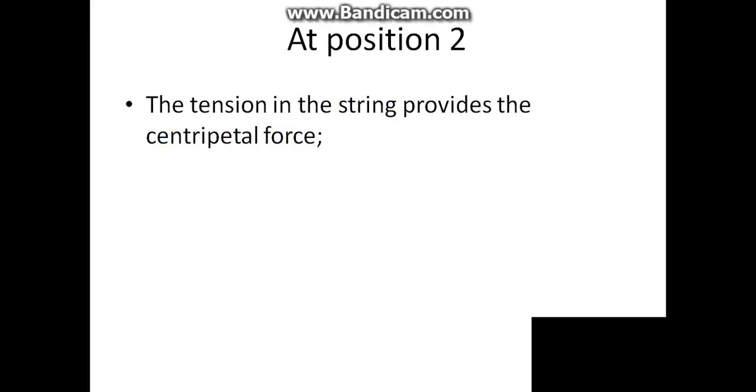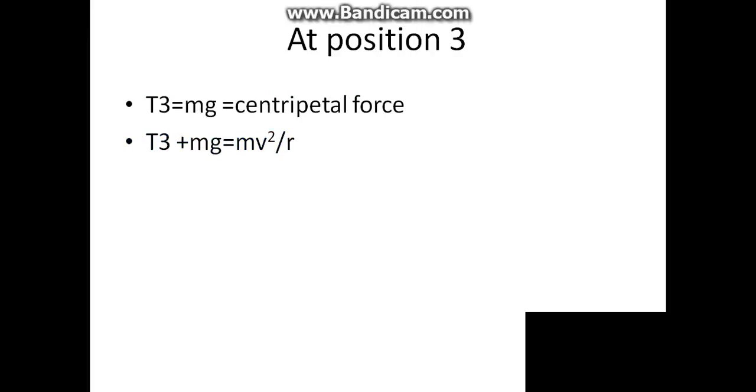At position 2, the tension in the string provides the centripetal force. Therefore, T2 is equal to mv squared over r. At position 3, T3 plus mg is equal to mv squared over r. T3 is equal to mv squared over r minus mg.